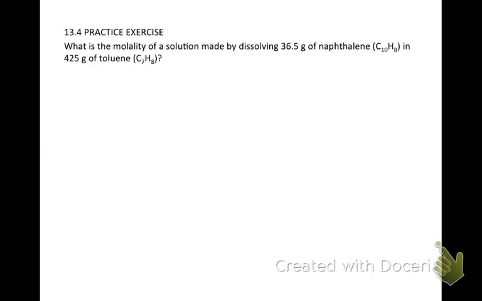So for this problem, we are asked for the molality of a solution made by dissolving 36.5 grams of naphthalene, which is C10H8, in 425 grams of toluene, C7H8. I'm looking for the molality. Let's do a given and unknown first. Identify which one of these is likely my solute.